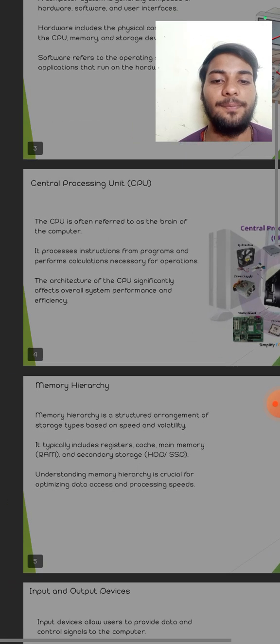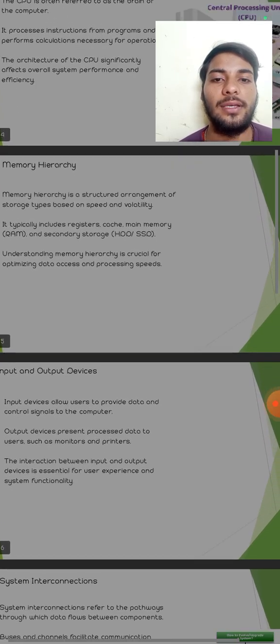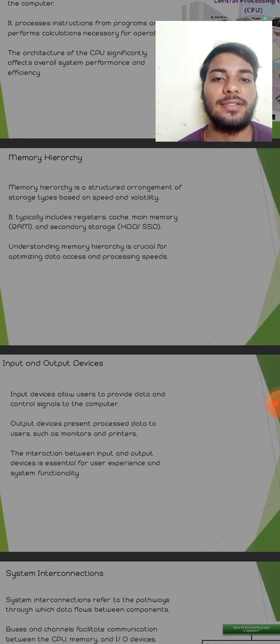Next we have the memory hierarchy. Memory hierarchy is a structured arrangement of storage types based on speed and volatility. It typically includes registers, cache, main memory, that is RAM, and the secondary storage, HDD and SSD.